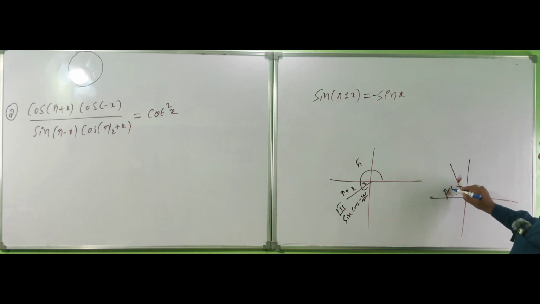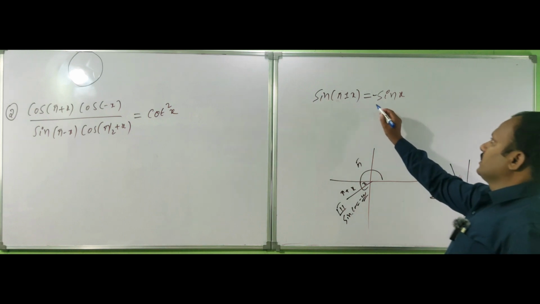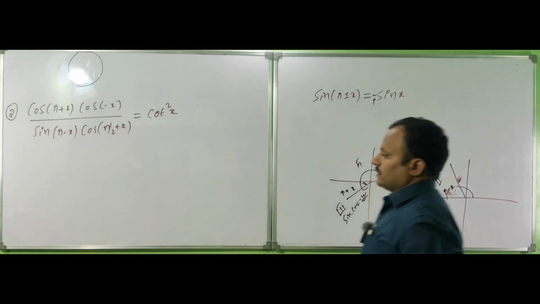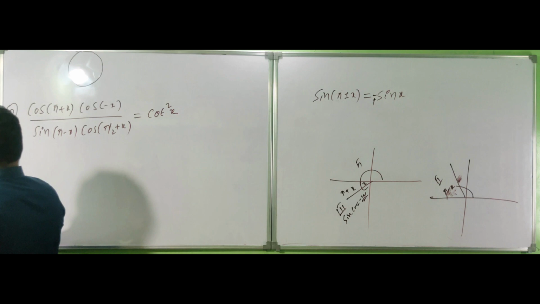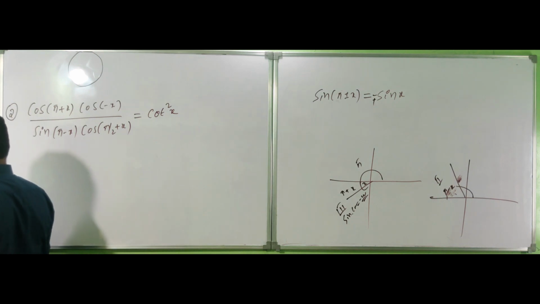This is the second quadrant, sign is positive here, so you will get plus. For negative you will get plus, so sin of pi minus x is sin x.